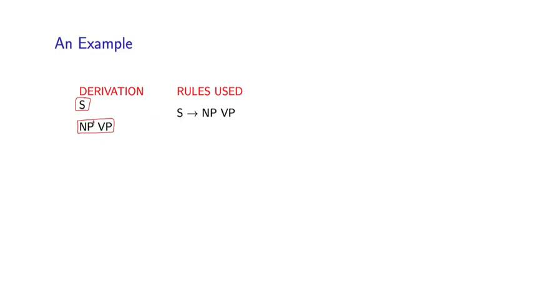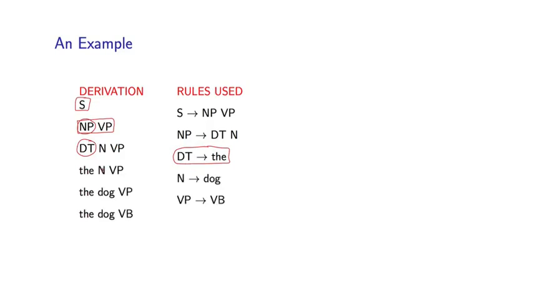So the next non-terminal we're going to modify is NP. So we pick some rule from the grammar. For example, NP goes to determiner N, replace NP with determiner N, and now we have the sequence determiner N VP. Again, I pick the leftmost element, DT in this case. I pick some rule. In this case, DT goes to "the". And now I have the N VP.